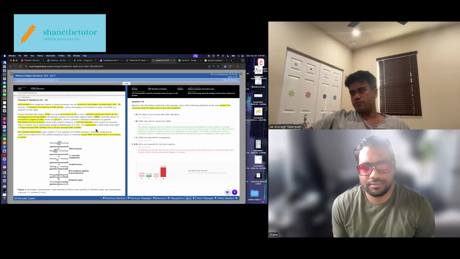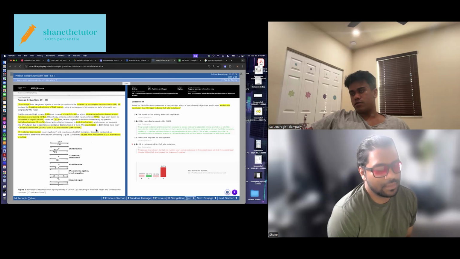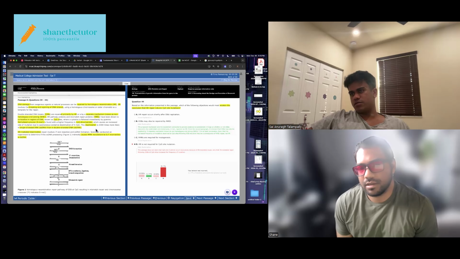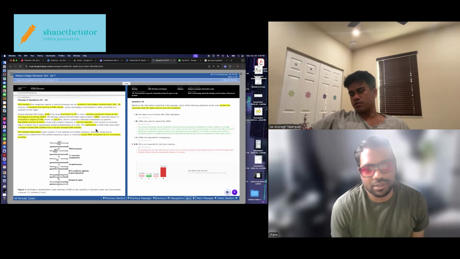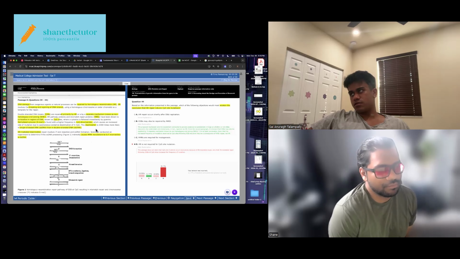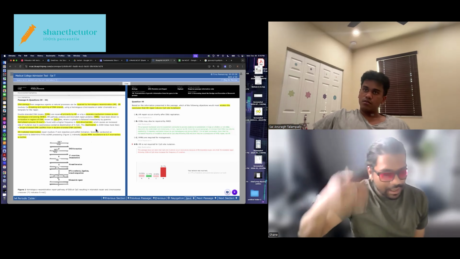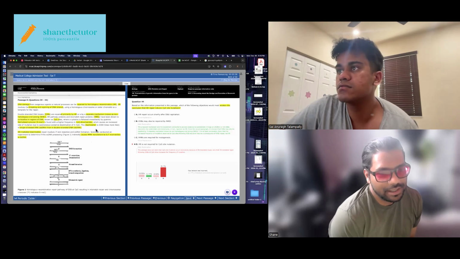Why is that wrong? HR is not required for CPG site mutation? Oh yeah, because you could have site mutation from anything, right? From random mutations from mutagens and exogenous agents and things like that.